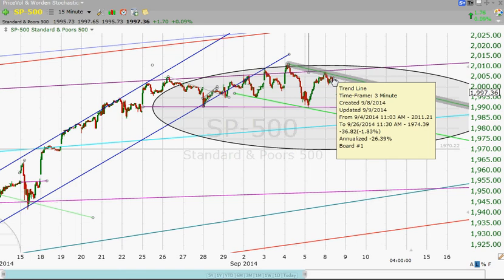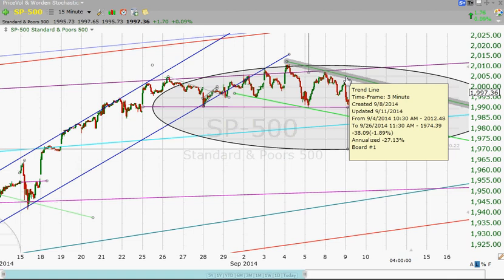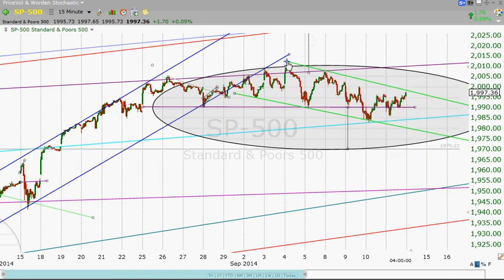That's helpful because as soon as I move that line, which I'm going to do here just a bit, see, I just moved it a little bit. Now what does it say? Updated 9/11/2014. So you can check my honesty if you want to by looking at those trend line dates.